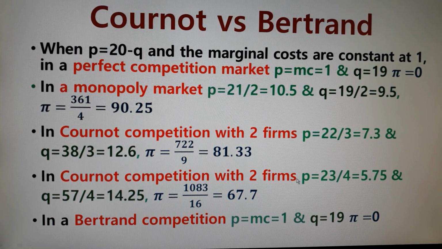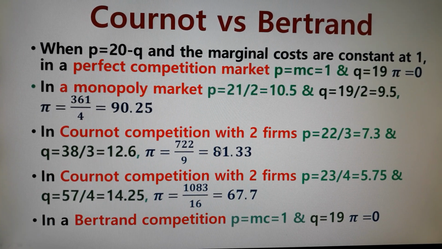Why am I talking about this? The number of companies in Cournot competition increased from 2 to 3. The price changed from 7.3 to 5.75. Price decreased. Quantity, 12.6 to 14.25, increased.